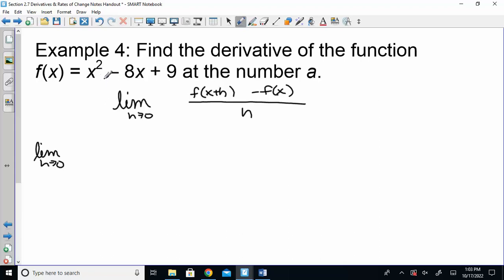If I said f of 4, what does that mean? Plug in 4. So when I say f of x plus h, what does that mean? We replace these x's with x plus h. All of them. Minus f of x, that's just what we started with.